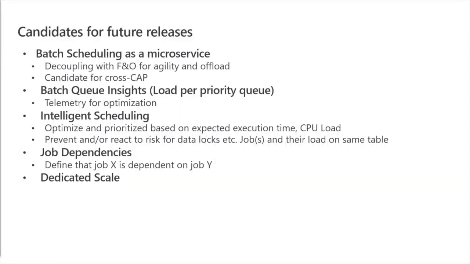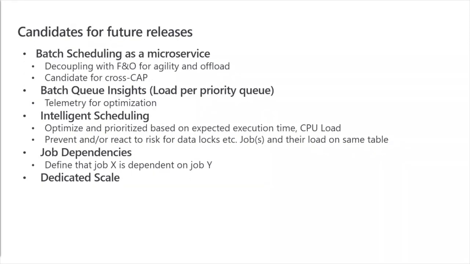This is a unique thing, so that customers are aware of how their batch load is performing, as well as ensure that they don't overburden the system if there is already a high load on the batch queue.